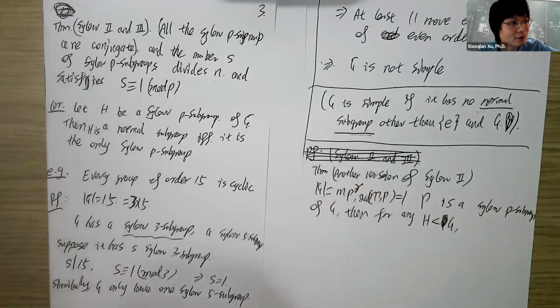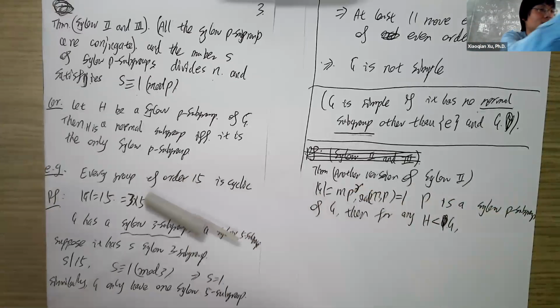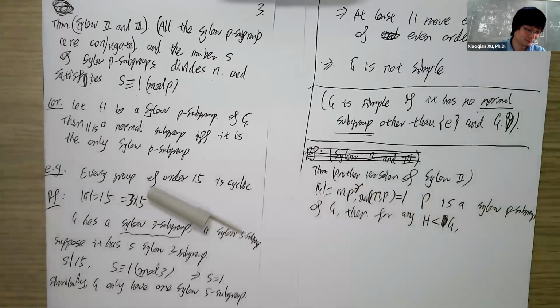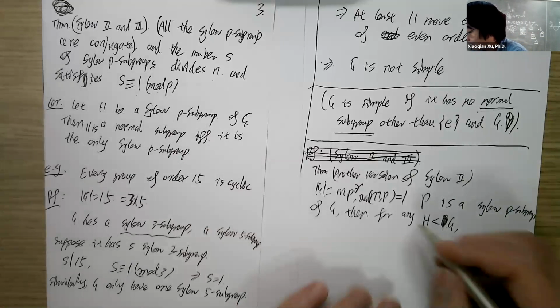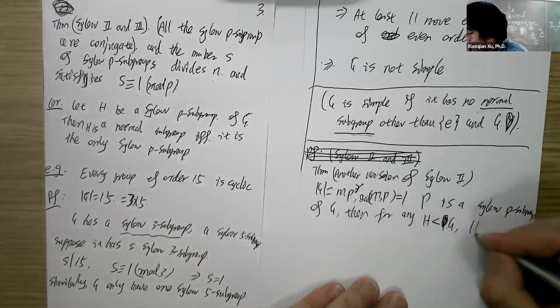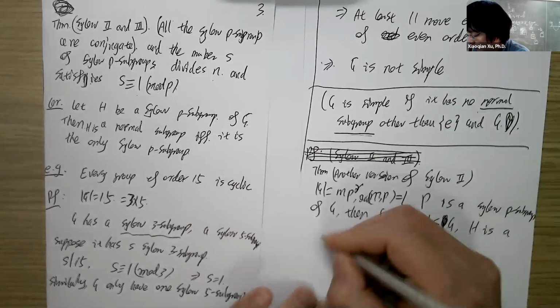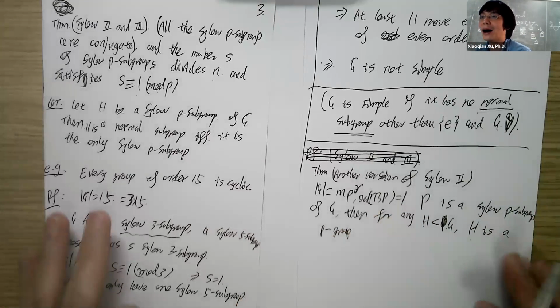I'm sorry, there's a typo, I think I made a mistake. So for any H less than G, H is a p-group. P-group means the order of H is p to some power.